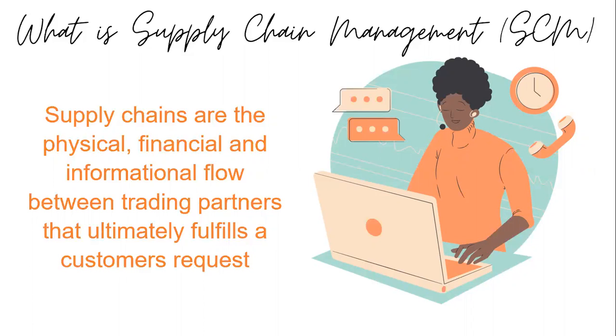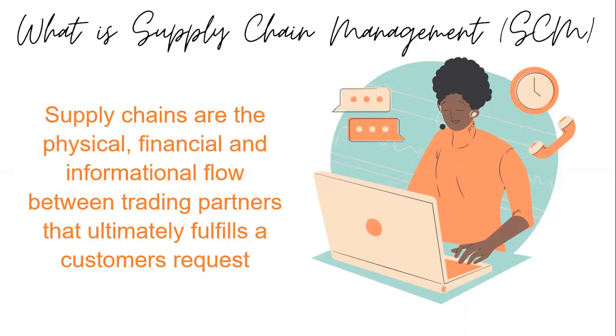And if you look at any supply chain, you will see these three flows, physical, financial, and information, between various trading partners. And ultimately, the purpose of a supply chain is to fulfill a customer request. So the journey of a good completes itself when it reaches the consumer.